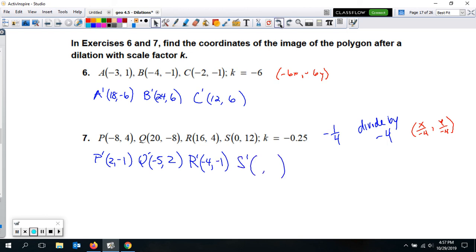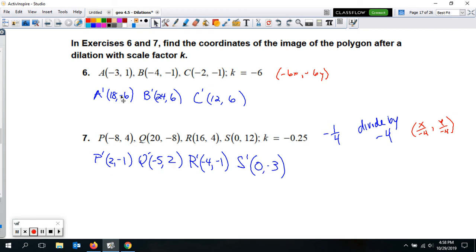And for the last one, S prime, 0 divided by anything is still 0. So if it's 0 here, it's going to be 0 when you divide by it, or even multiply by it. 12 divided by negative 4 is negative 3. All right, so there you go. Make sure you checked your work and you got the right ordered pairs. And if you need to fix something, go ahead and fix that.